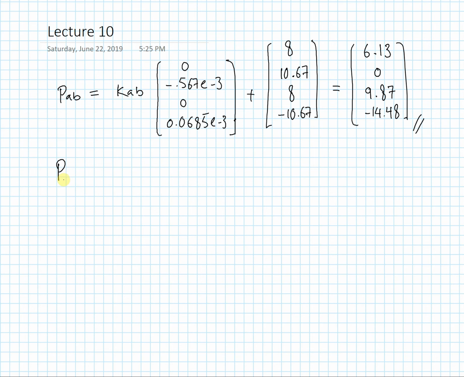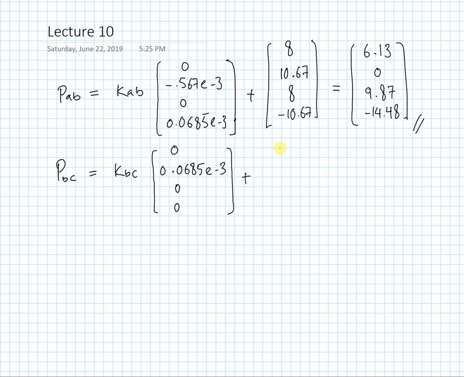span, so that's PBC. We have KBC, the deformations, 0.0685 E minus 3, 0, 0. I like to draw perfect lines, but it's very hard with these digital tablets.